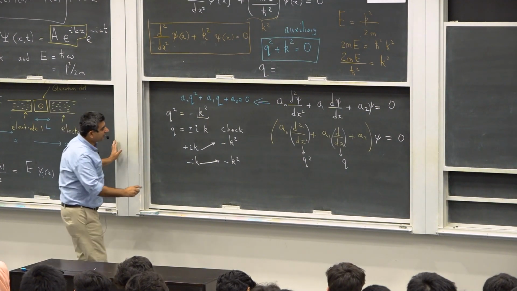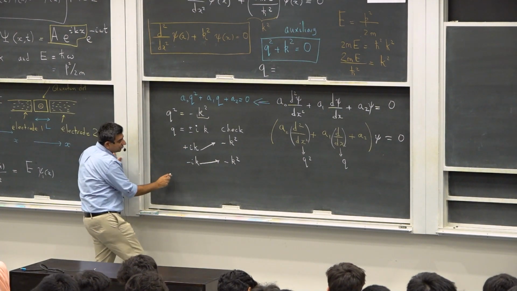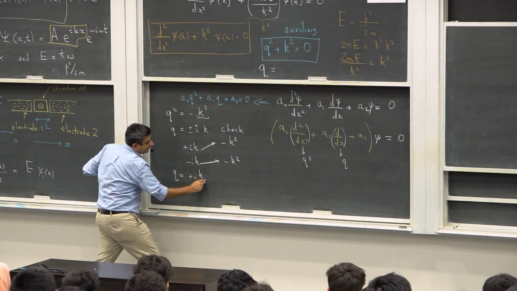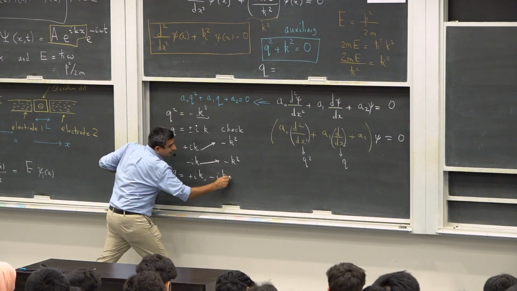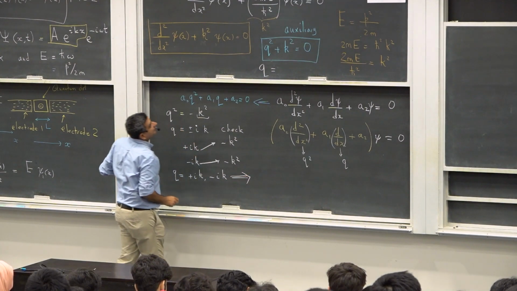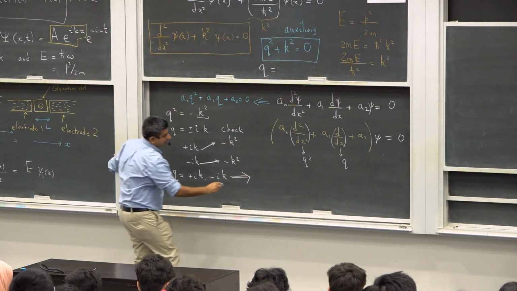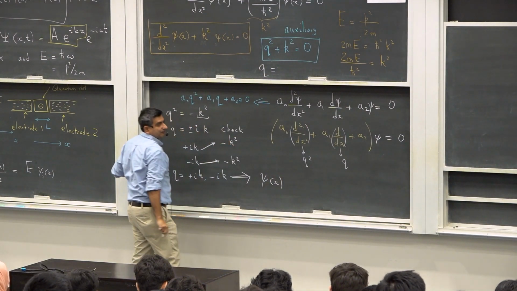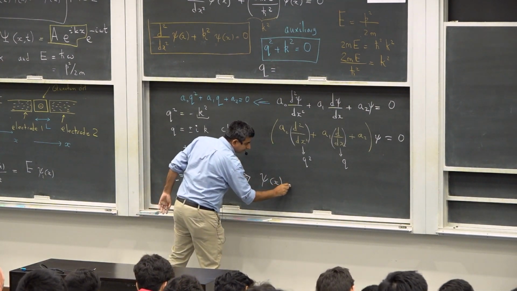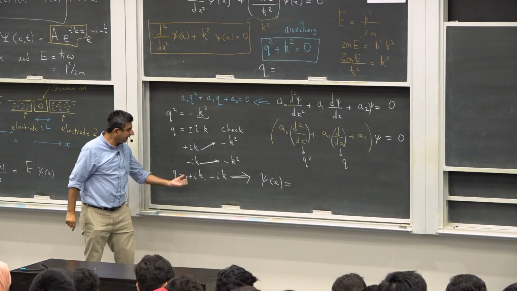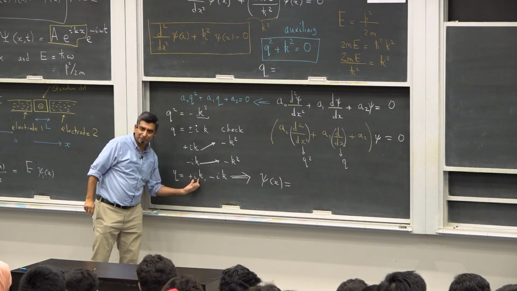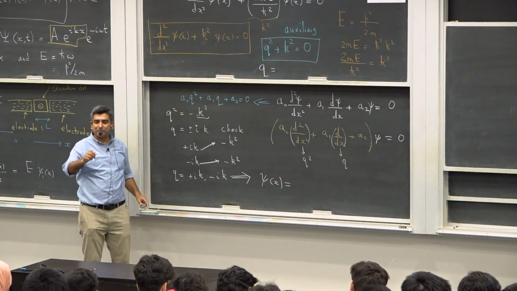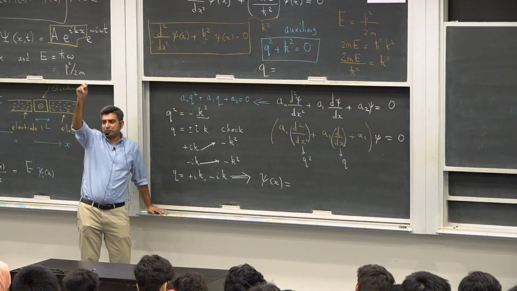If I knew the two solutions, plus ik and minus ik, this tells me that my differential equation, whose solution is psi x, equals, what I do is I take the two roots of this equation and put them in exponents.